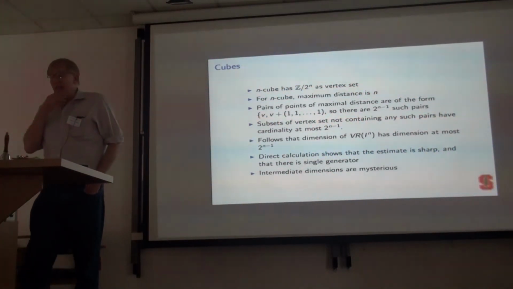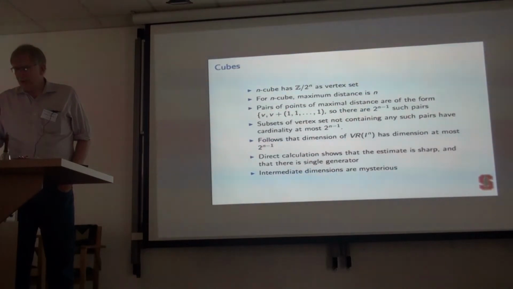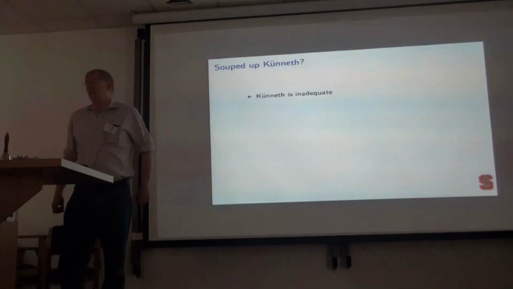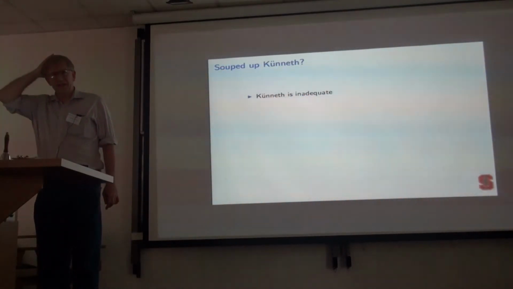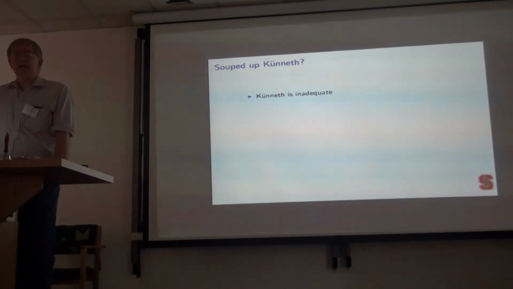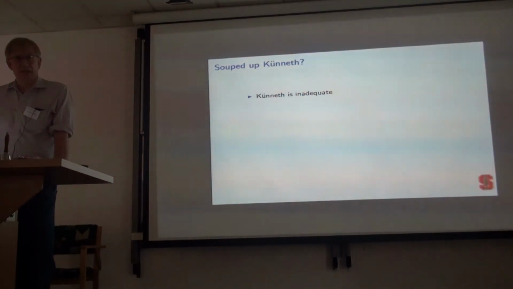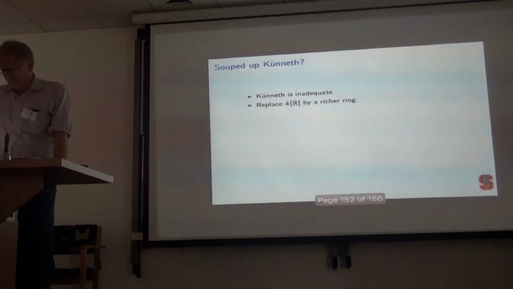So what I'd like to do now is propose an approach to that. The question is, is there some kind of souped-up Künneth formula in this setting? What's clearly true is that Künneth is inadequate. It fails to be correct for even I cross I cross I, where I is a 2-point space.